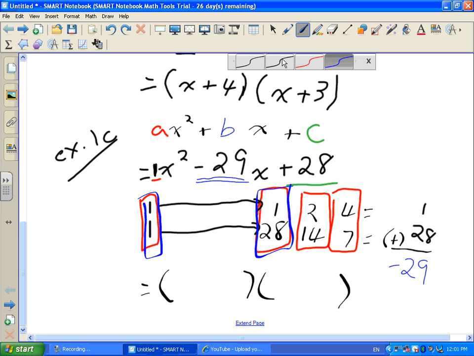So when we go to write them in, I know I'm using the number 1 and the number 28. Also, both of these are 1, and to make 1x squared, I need x's attached to them. So it's 1x and 1x. But do I need to write those 1's in, guys? No, I don't need to write those 1's in. So I'm just going to write x, and x.